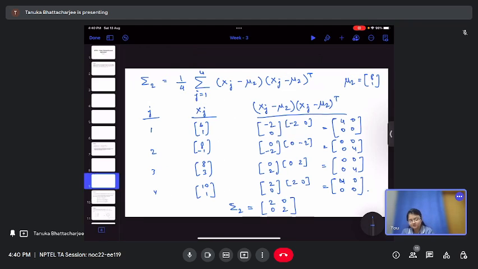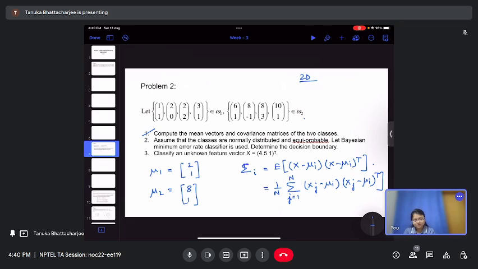So this was the first part of the question. Now it says, assume that the classes are normally distributed and equiprobable. Equiprobable means probability of omega 1 is equal to probability of omega 2. Let us say a Bayesian minimum error rate classifier is being used.